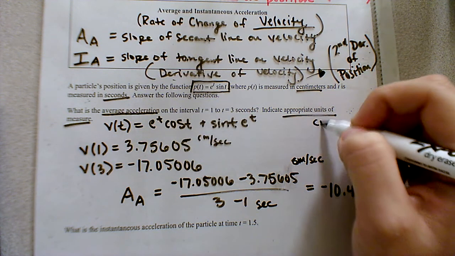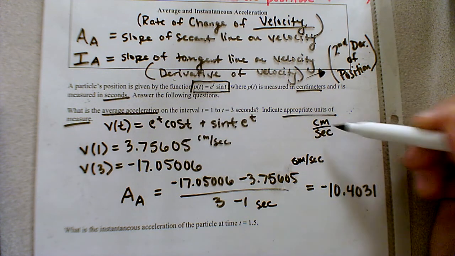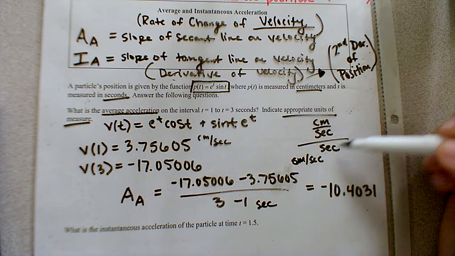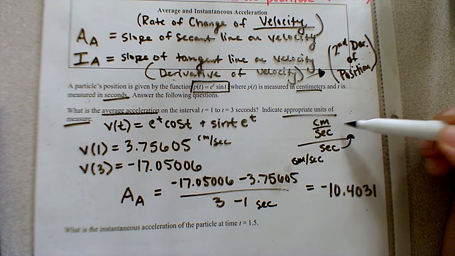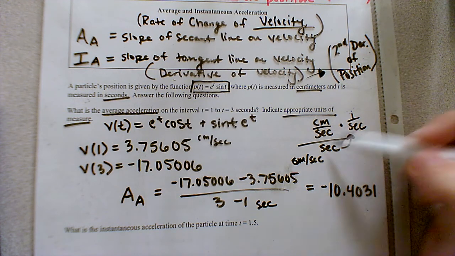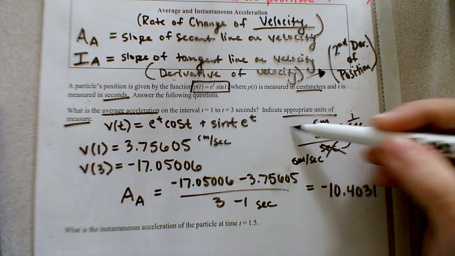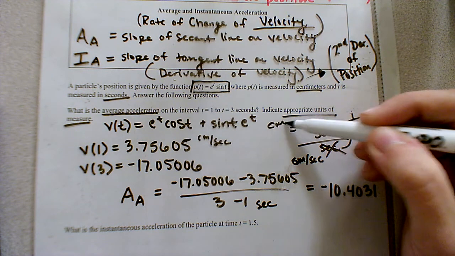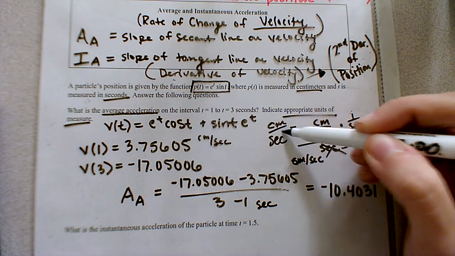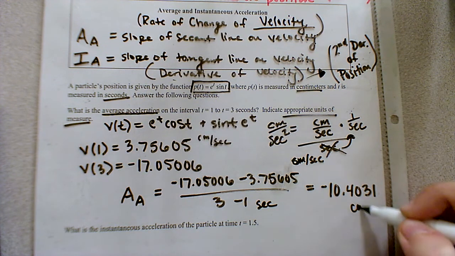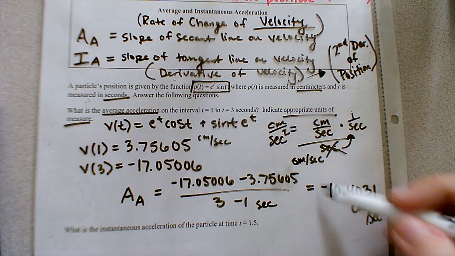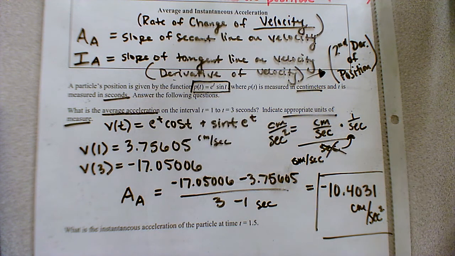Using some little algebra, instead of dividing by seconds, you could bring it up and multiply by the reciprocal, which would be 1 over seconds. So this would eventually lead us to centimeters up top, and then seconds squared on the bottom. So an acceleration unit is always going to have a squared time unit on the bottom.